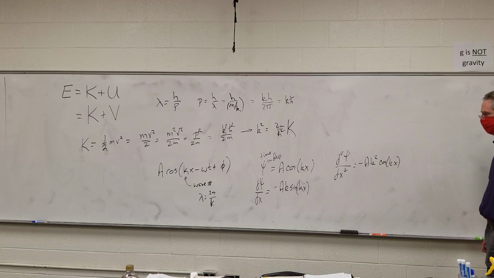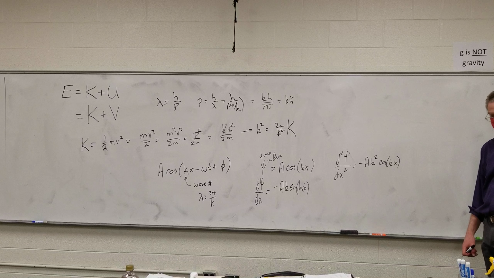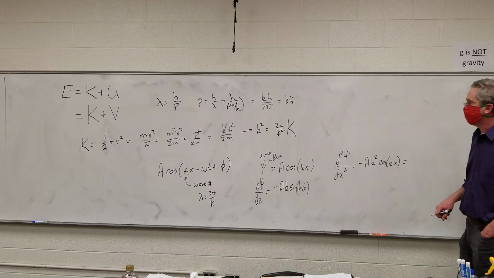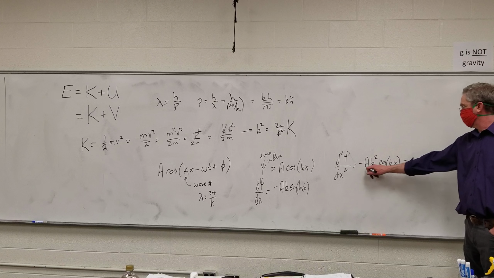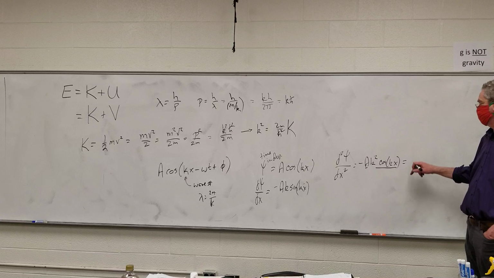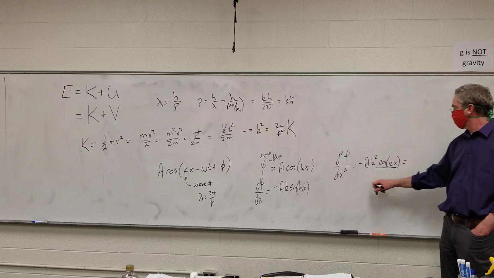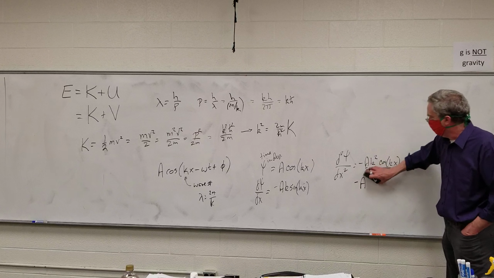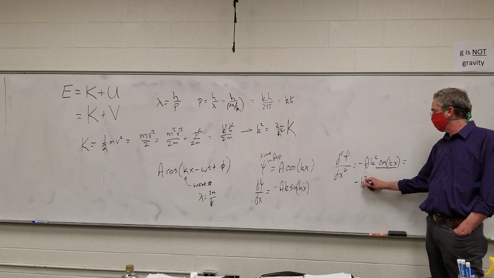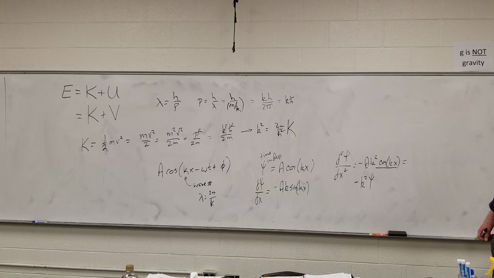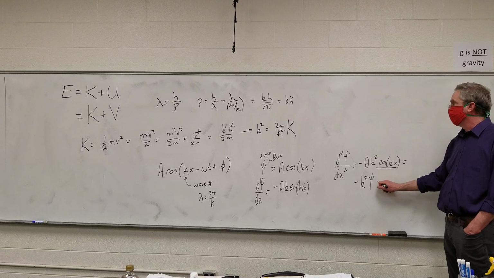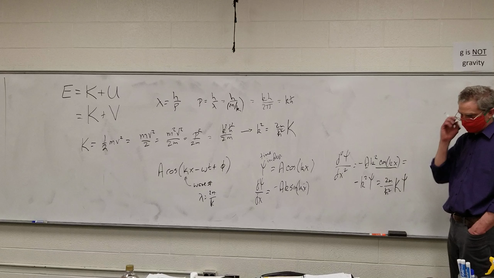Is that like psi? That is a psi. And that is equal to, well, A cosine of kx is just psi. So I have negative k squared psi. And k squared is equal to that, negative times psi.